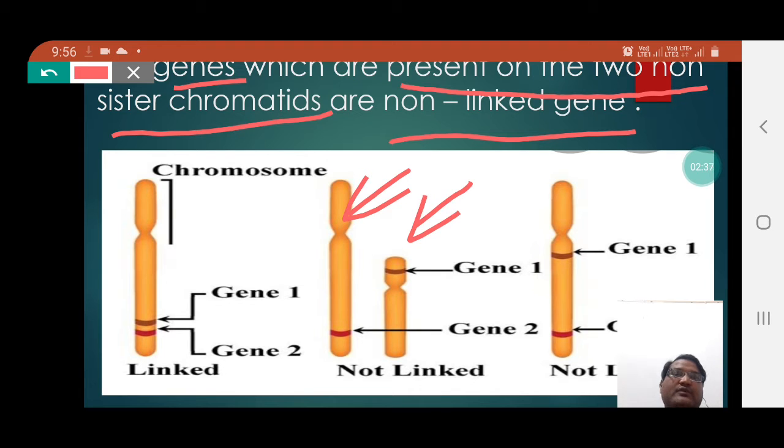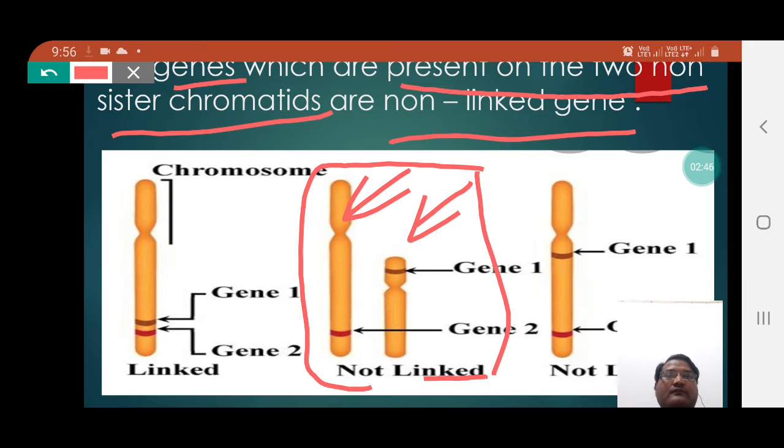That is why they will be called non-sister chromatids. These two are the non-sister chromatids, whereas these two are the sister chromatids.